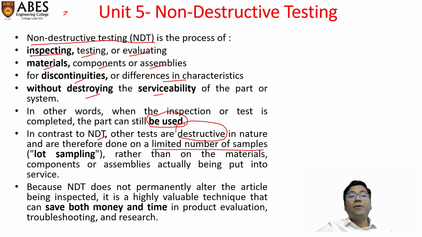Lot sampling can be done only because the sampled item or product would be damaged and would no longer be in use, rather than on the materials, components, or assemblies actually being put into service. Because NDT does not permanently alter the article being inspected, it is a highly valuable technique that can save both money and time in product evaluation, troubleshooting, and research.